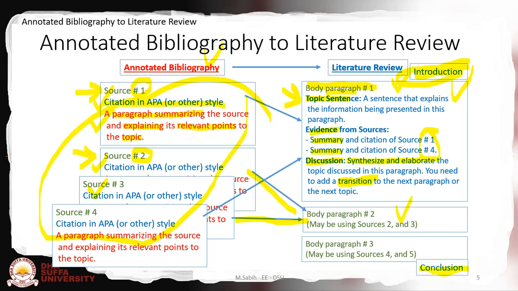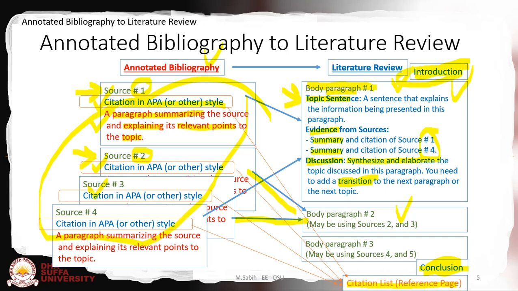And finally, after adding these two, we will add the citation list. This citation list, the reference page, which will come at the end of the literature review, basically comes from the citations in the annotated bibliography. Okay.